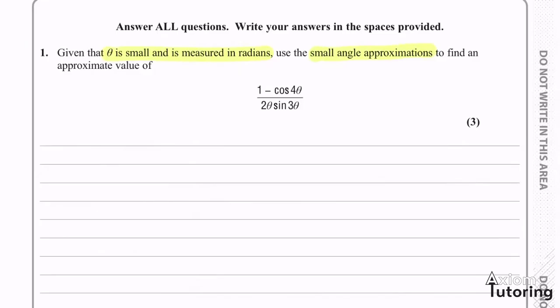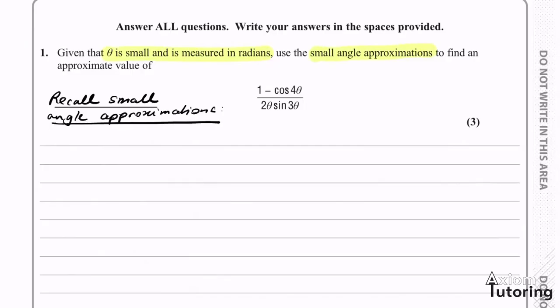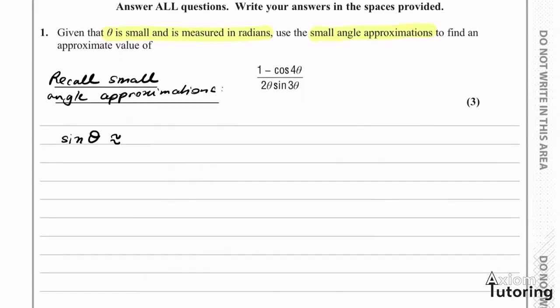So let's recall our small angle approximations. We have sine theta approximates to theta, and then we have cos theta, for small angles, approximates to 1 minus theta squared over 2.